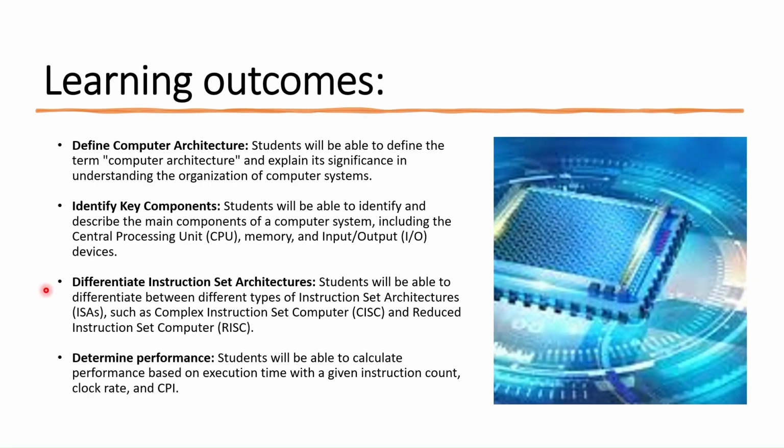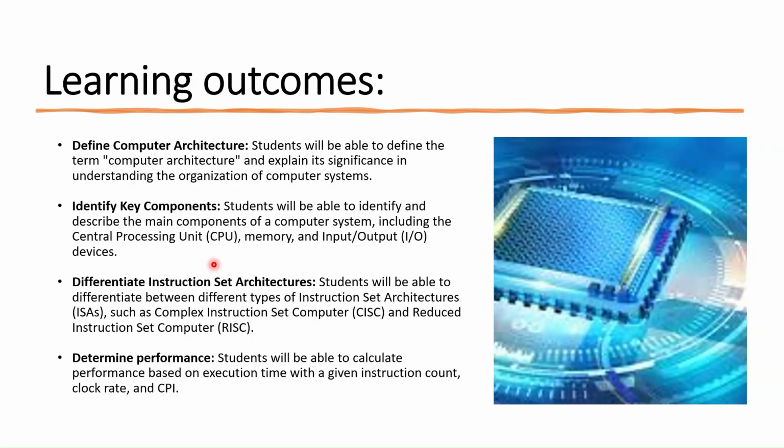Then we will look at instruction set architectures, or ISAs. Specifically, we will compare two major types, which are CISC, which stands for Complex Instruction Set Computer, and RISC, which stands for Reduced Instruction Set Computer.